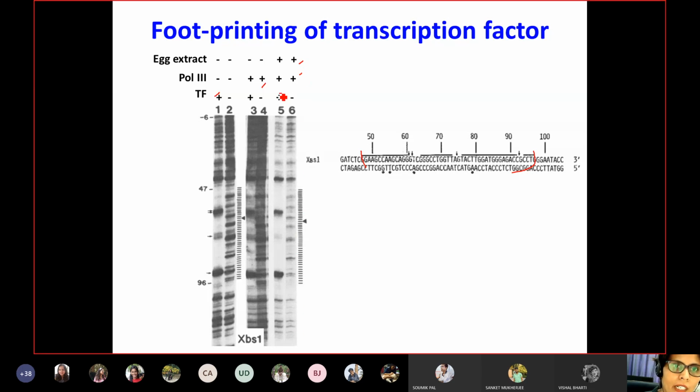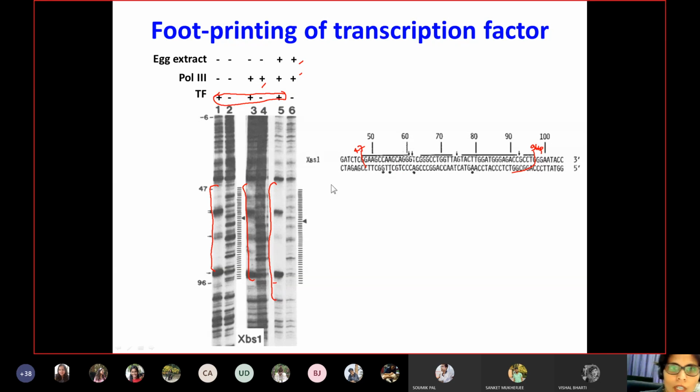Whereas whenever you add transcription factor, in lane 1, or in lane 3, or in lane 6, you see specific binding or protection of the DNA starting from the region 47 until 96 base pair. And this protection is inside your internal control region. So this was their outcome.